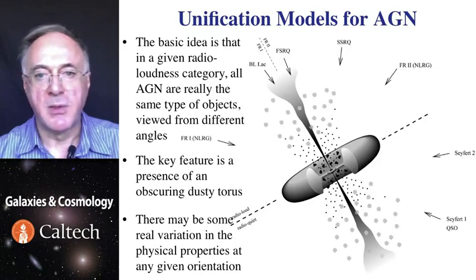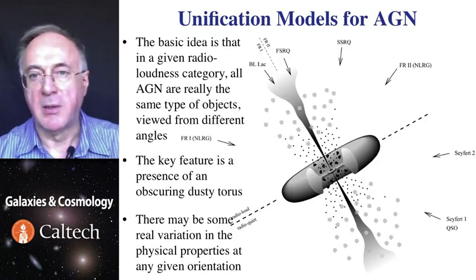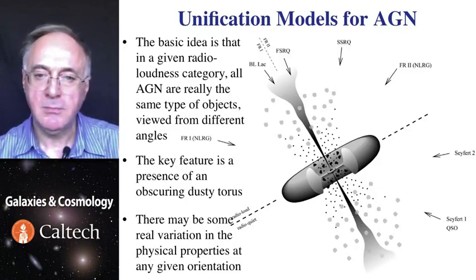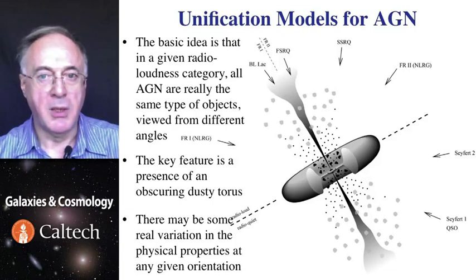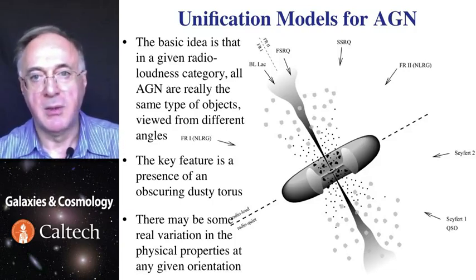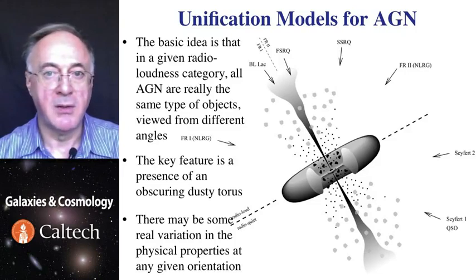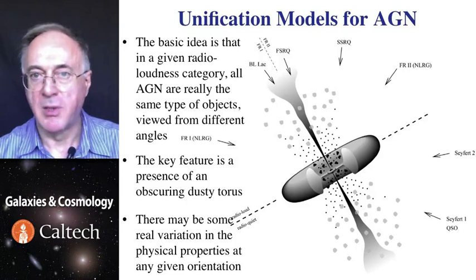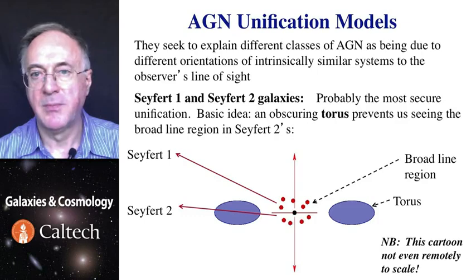So at some level, this is almost certainly correct in a broad brush sense. There could be, however, some genuine differences even at any given orientation, and that's subject of some research today, but the big picture seems to be pretty much in place.